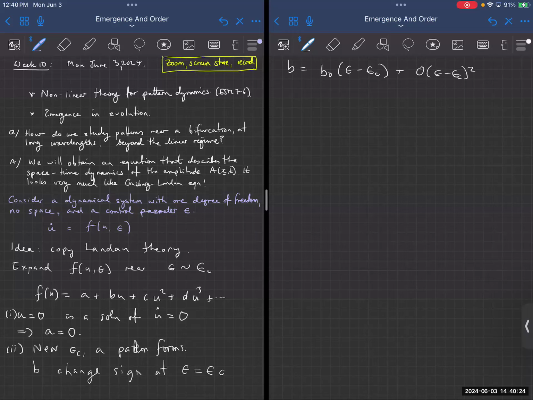And we're not going to deal with that. And I'm going to specify that B naught is a constant that is greater than 0.